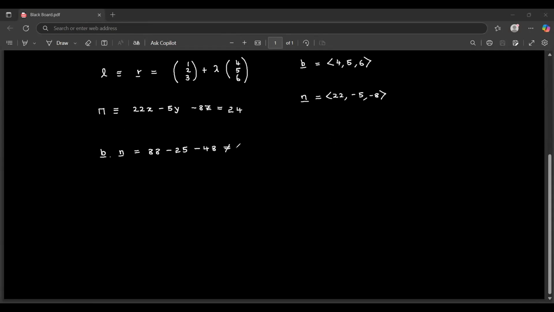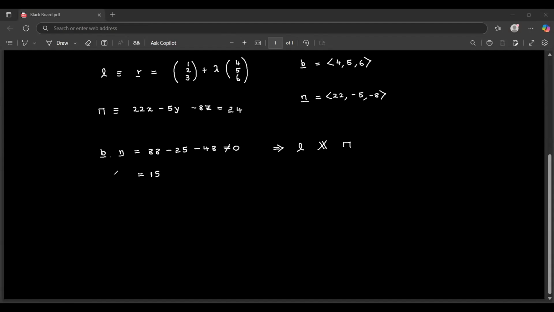So this is definitely not equal to 0, which means line L is not parallel to the given plane pi. So now we can find the angle. The scalar product b dot n is 88 minus 25 plus 48, which gives the b dot n value.